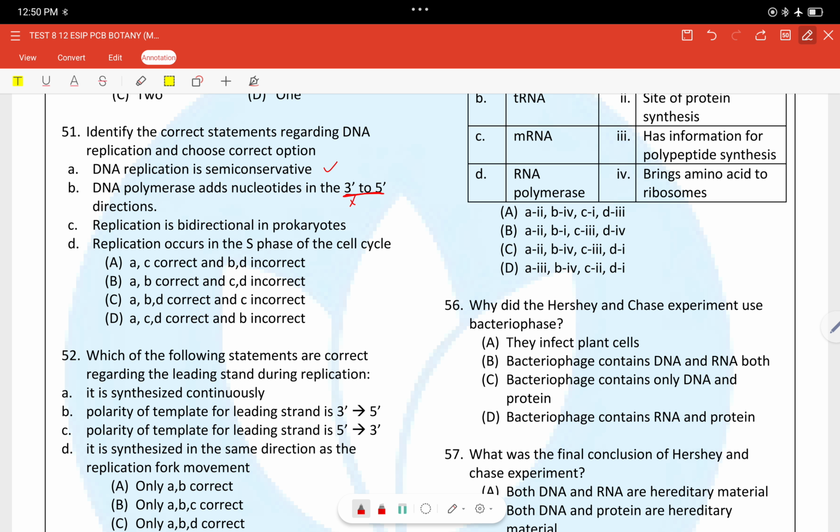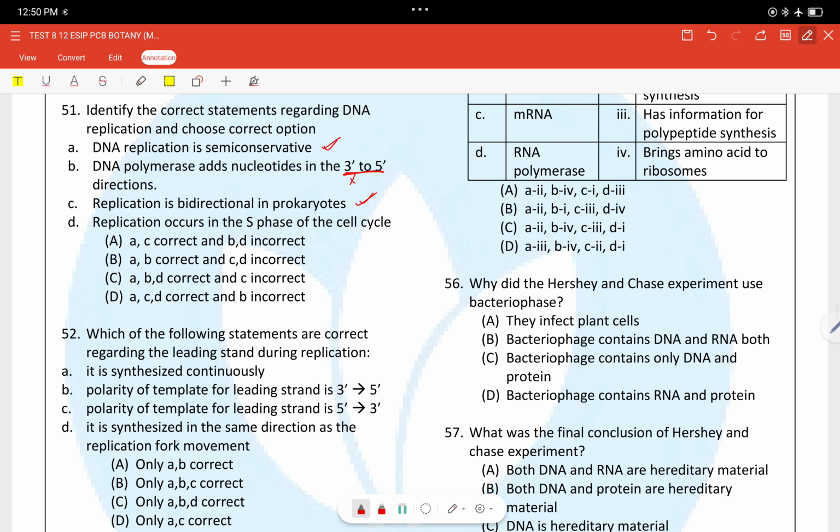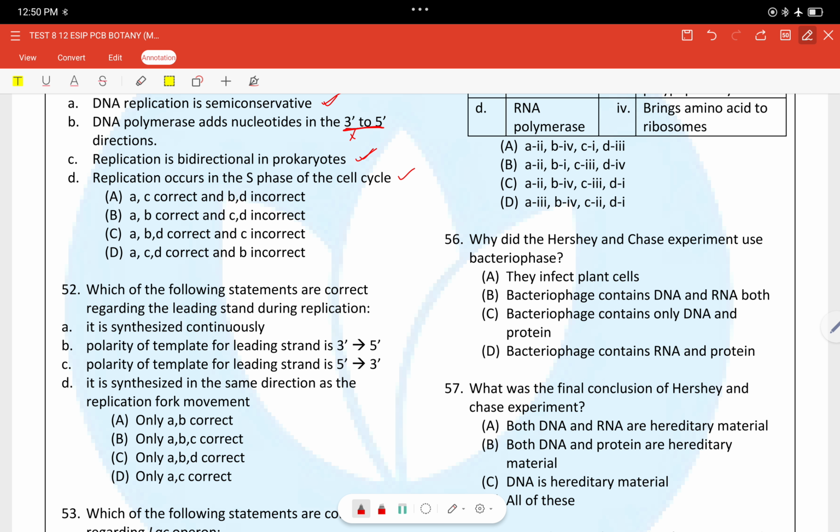Polymerization direction is 5 prime to 3 prime. Replication is bidirectional in prokaryotes, this is correct. Replication is semi-conservative, bidirectional. Replication occurs in S phase of the cell cycle, this also we have discussed. So the answer is A, C and D are correct and B is incorrect.